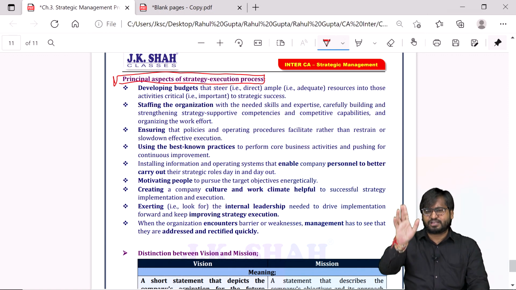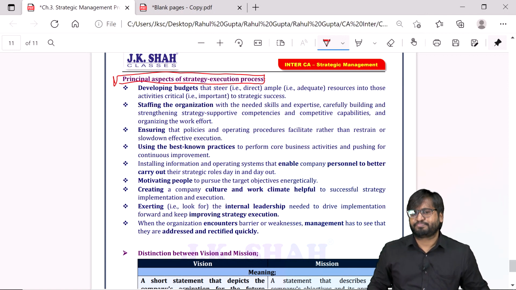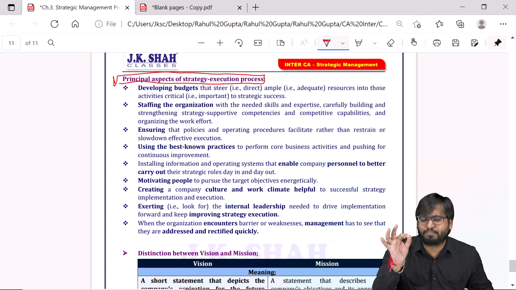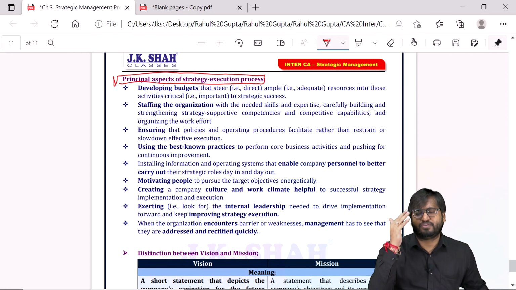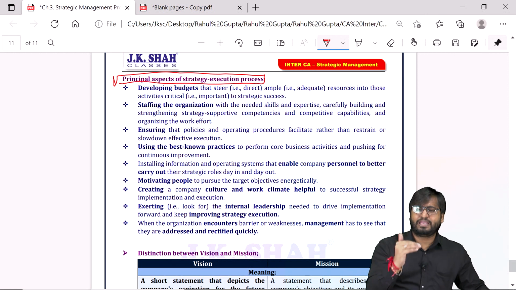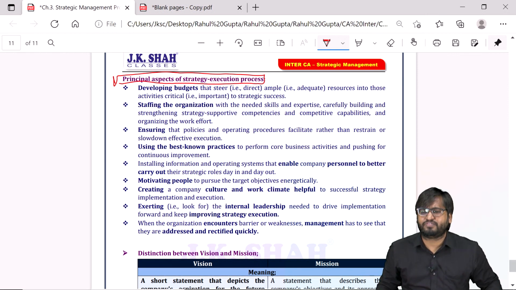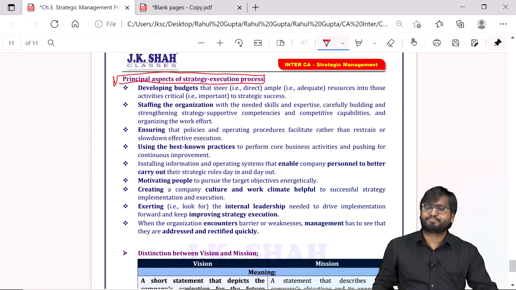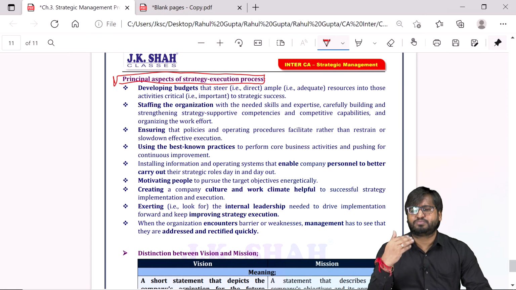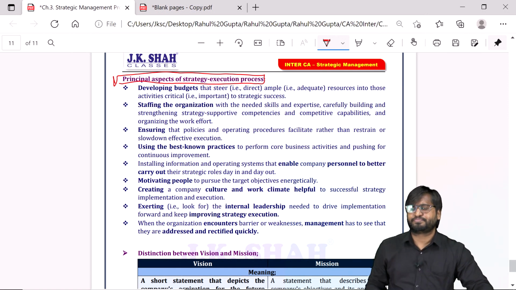The first thing that we should take care of is preparing a good budget. If we have the right budget, our workers, our functional level managers will be able to deliver whatever we are expecting them to deliver. I'll give you an example. We will ask our sales manager to give us a number of units that they are planning to sell.